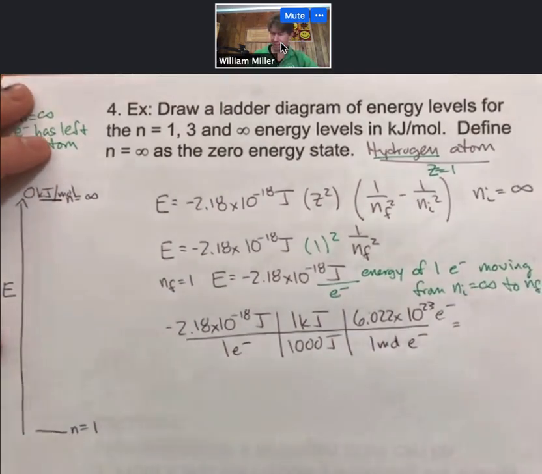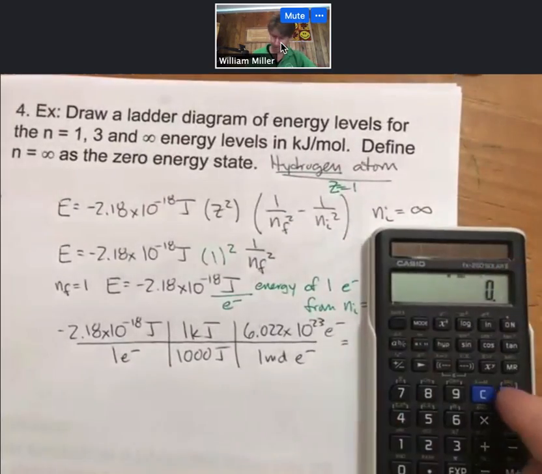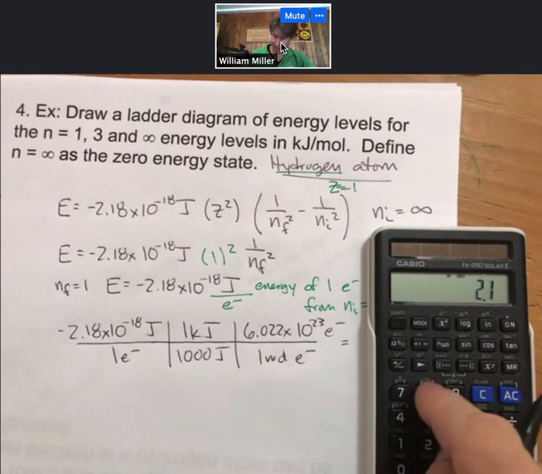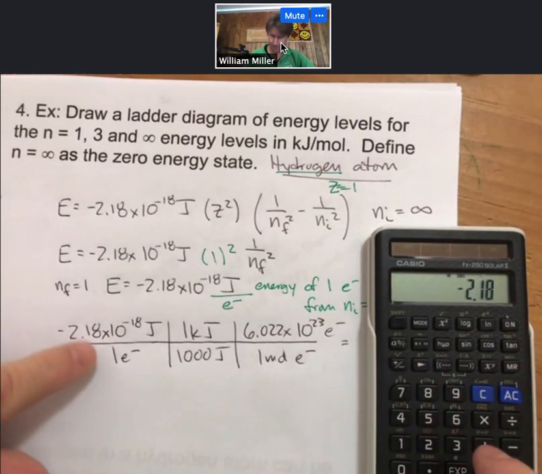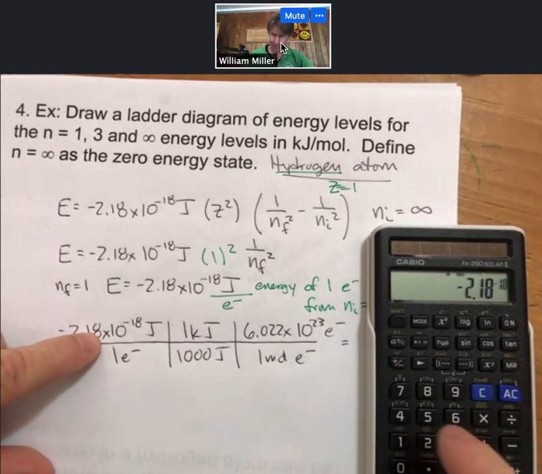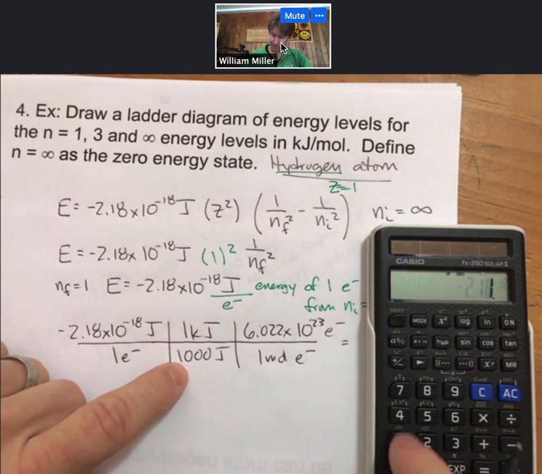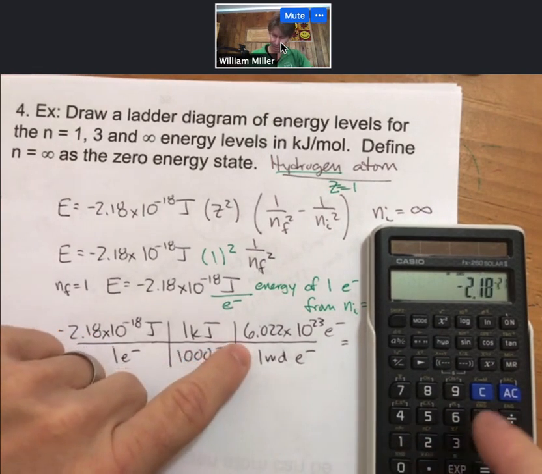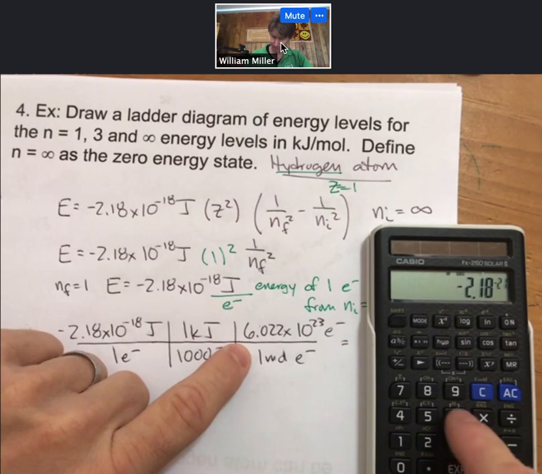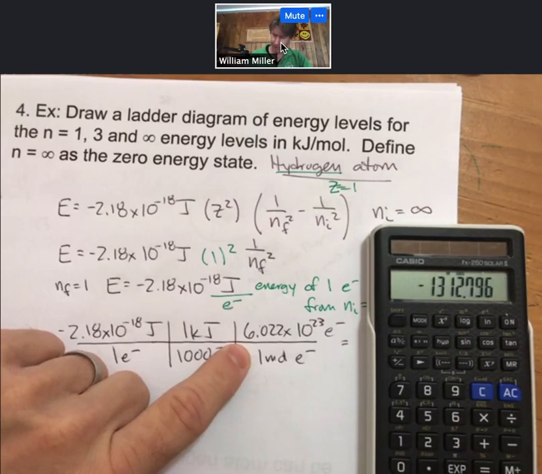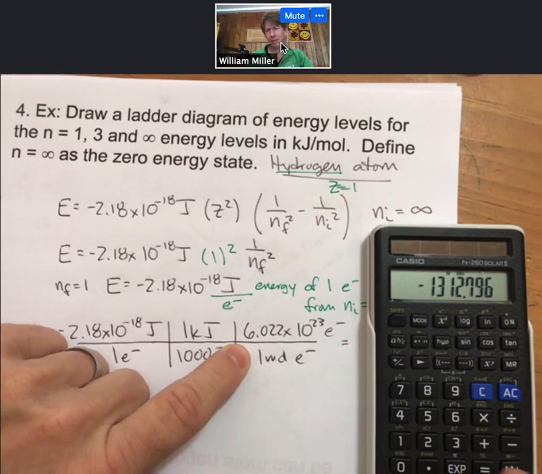And if we multiply this out, so 2.18 minus exponent 18 minus, divided by 1,000, times 6.022 times 10 to the 23rd, I get minus 1,313 kilojoules per mole.